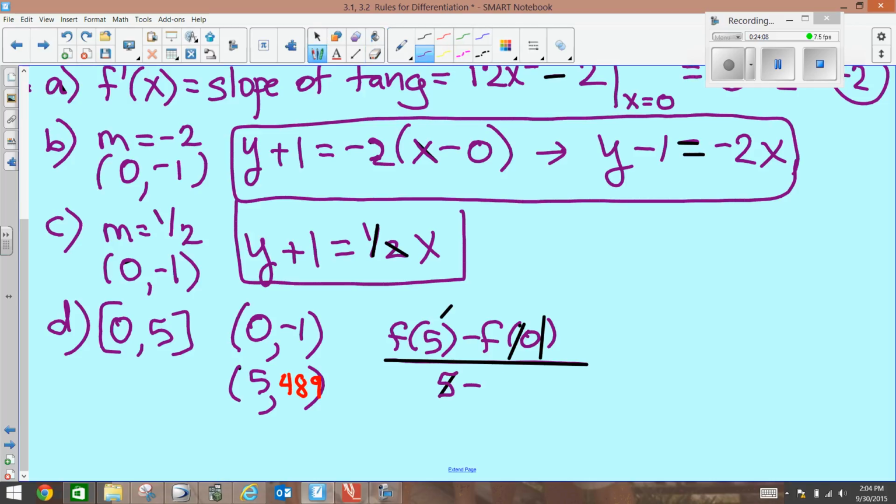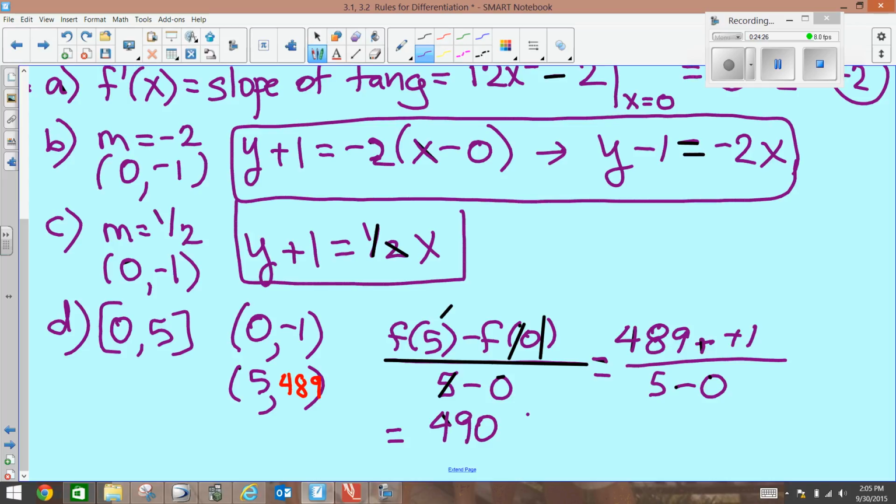5 minus 0. Okay, so we are talking 489 minus negative 1 is the other y over 5 minus 0. 489 plus 1 is 490. Divided by 5 is 98. That's the slope of the secant line.